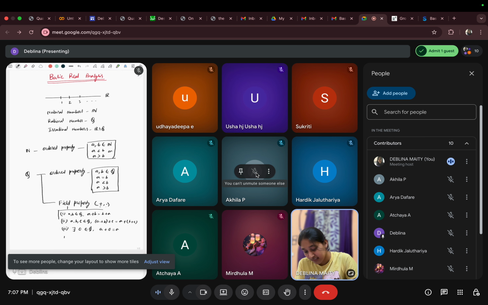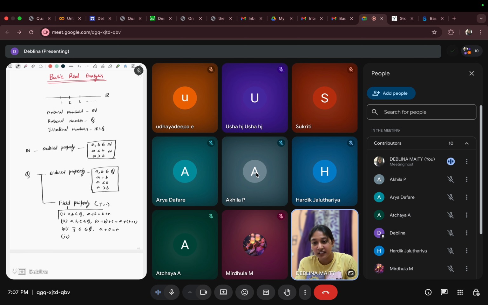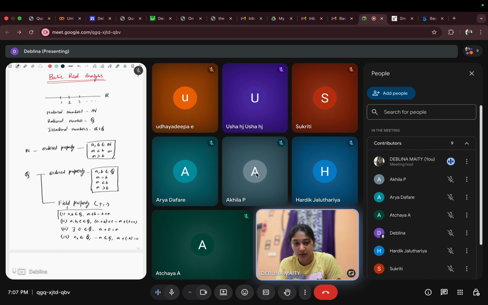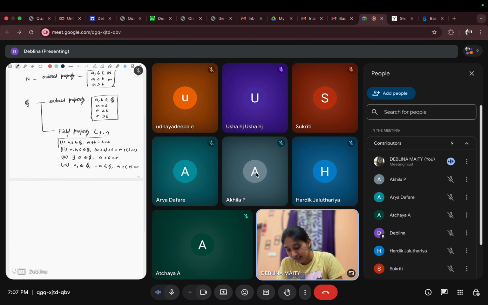And the fourth one is that it has an additive inverse, that is for any a belongs to Q, there exists minus a belongs to Q such that a plus minus a is the 0 vector. So these are the 4 properties of plus.